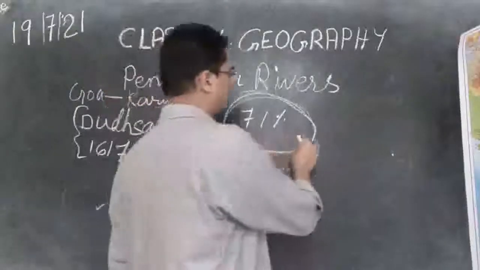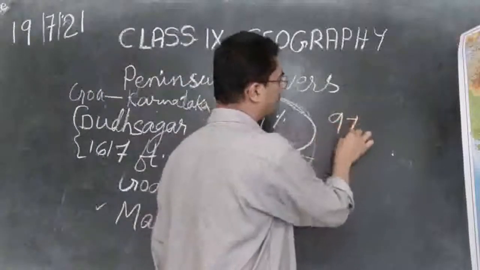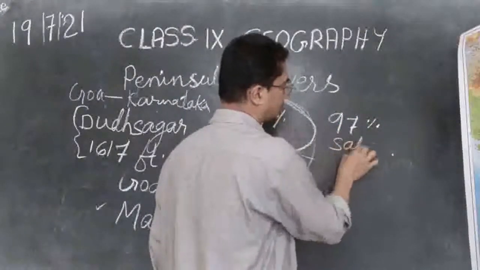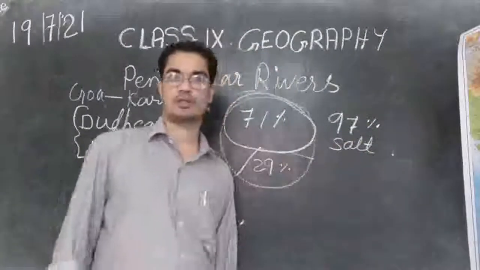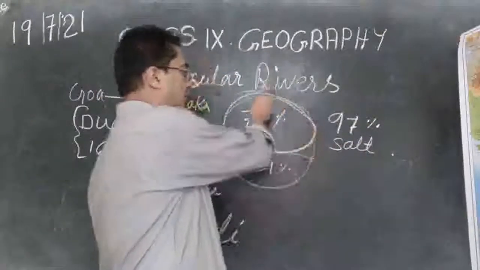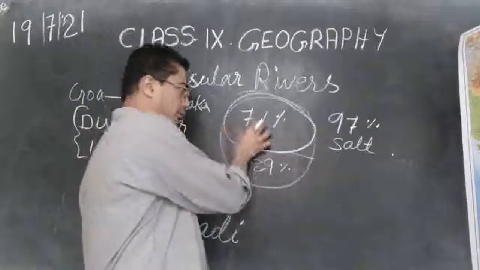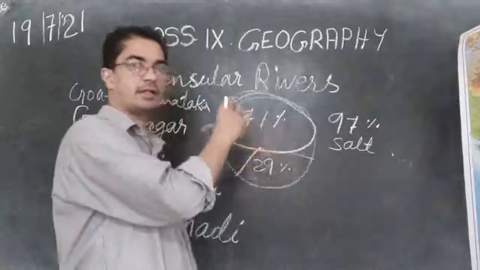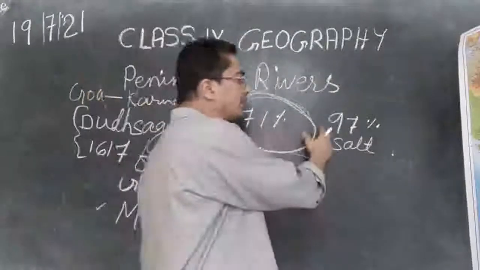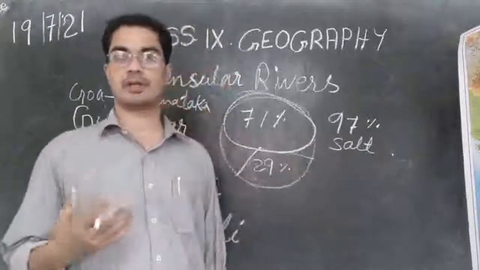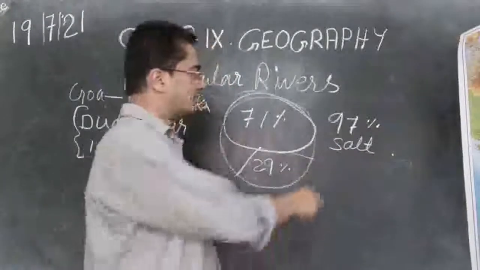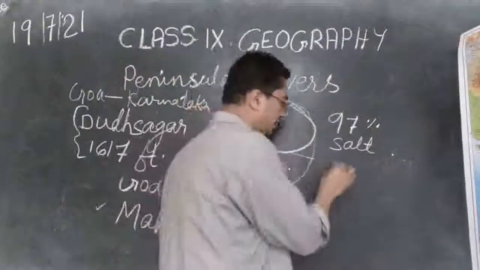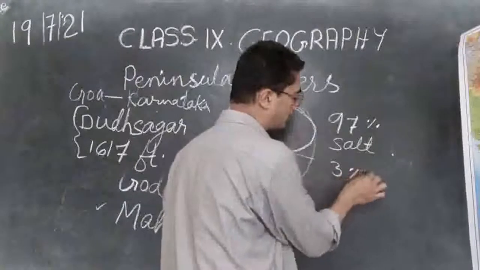So 97% of the water is salty. Of the total earth, 71% is water, and of the total water, 97% is not good for drinking. Then only 3% of the total water is good for drinking. Only 3% is pure water.